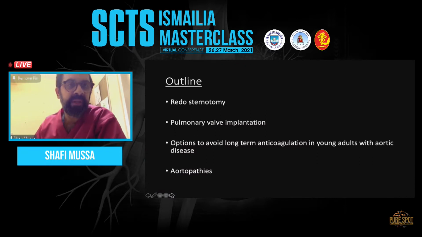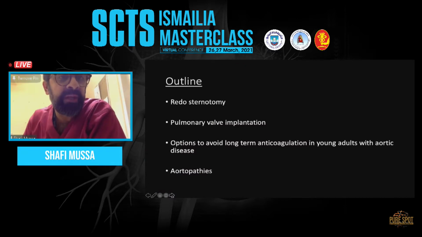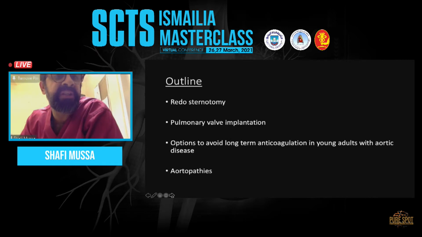So my plan for the next few minutes is to talk about surgery in adult congenital patients. I'm going to briefly talk about redo sternotomy, pulmonary valve implantation, and some options to avoid long-term anticoagulation in young adults with aortic disease. I won't talk about aortopathies.